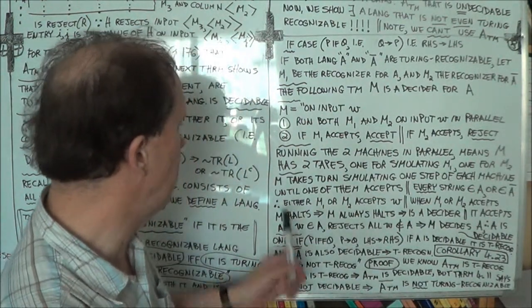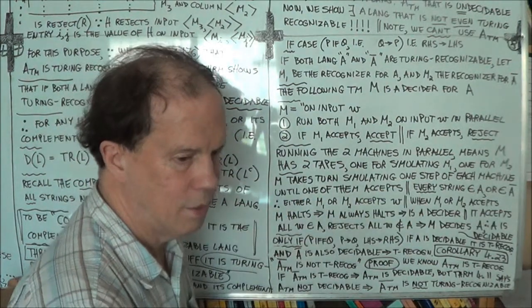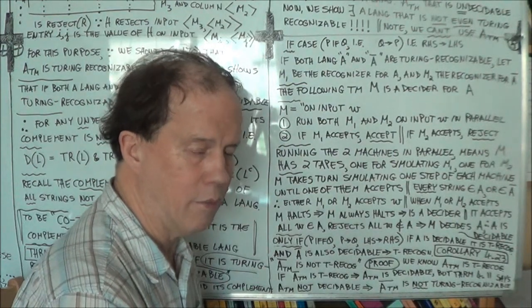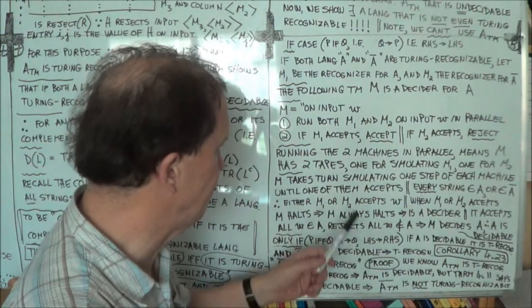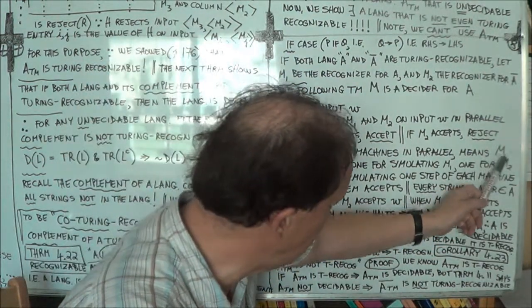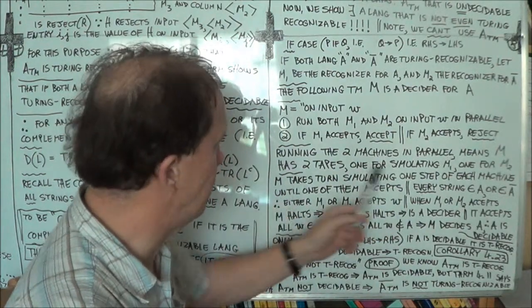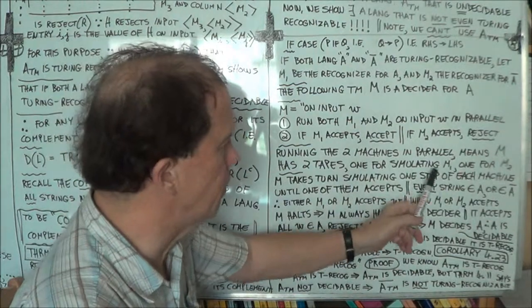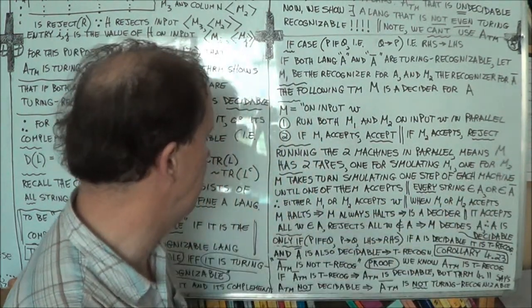Alright, so a bit of comment on what does it mean to have two part Turing machines running in parallel. What does that mean? Well, you have machine M, which has M1 and M2 as parts. So this machine M will have like 2 tapes, right? One tape will be for simulating M1, and the other tape will be for simulating M2.